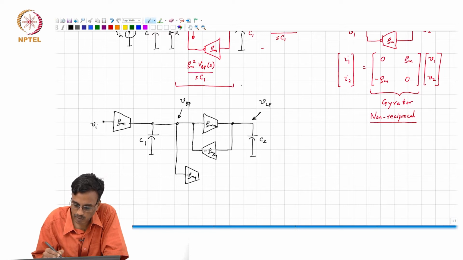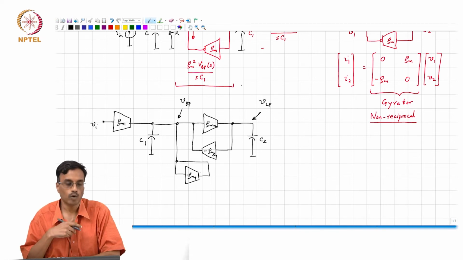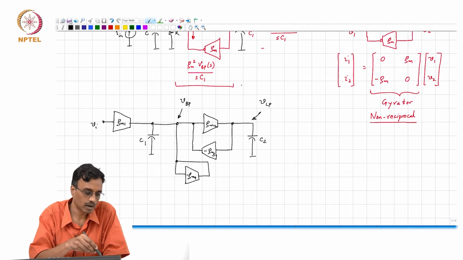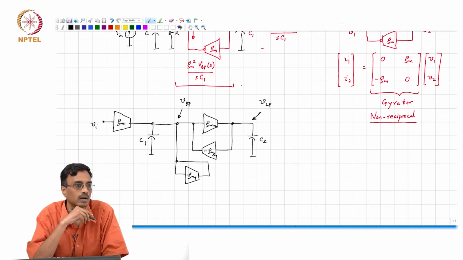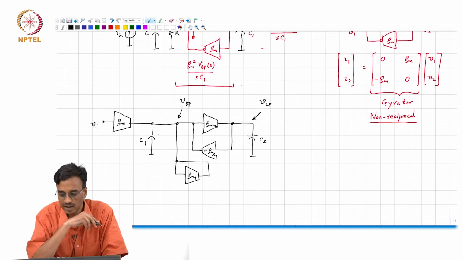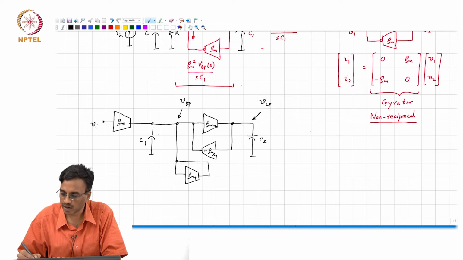GM4, let me call that minus, okay, and this therefore represents a second order biquad realized only using voltage controlled current sources, and these GMs are often called transconductors.